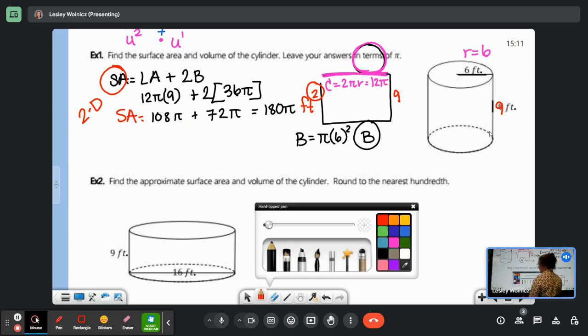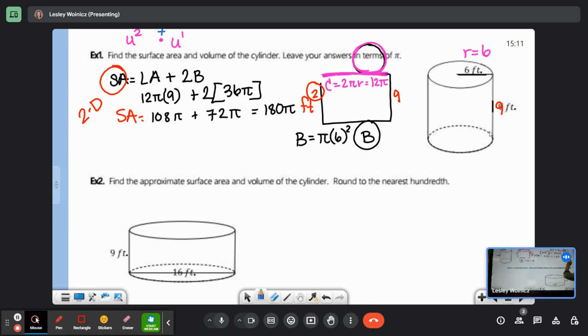All right, let's do volume. Volume is actually friendlier than surface area. So it's just going to be the big B times the little h. We already know what our big B is. What is it? Okay, times, what's the height? 9.